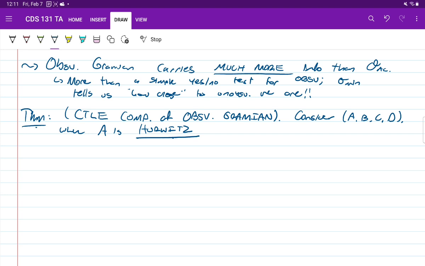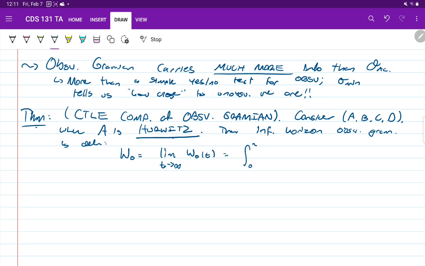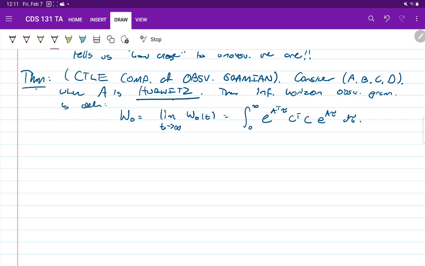All the real parts are less than 0. Then the infinite horizon observability Gramian is defined as follows. W_O equals the limit as t goes to infinity of W_O(t), which equals the integral from 0 to infinity of e^(A^T tau) C^T C e^(A tau) d tau. We're just taking the limit of the Gramian.